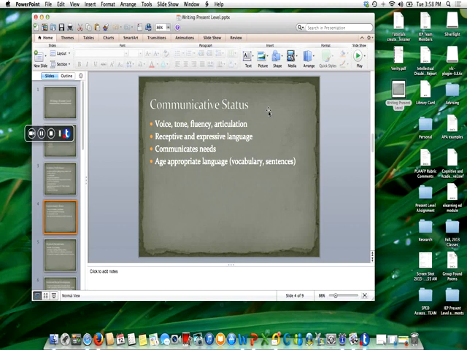She often wrote in here about voice, tone, fluency, articulation, whether the child is able to communicate his or her needs, and whether the child is using age-appropriate language, or are they still talking about themselves in past tense, things like that. So oftentimes the speech teacher would be adding things into this area, with input from everybody, but she would be sort of the expert in that area, as the school psychologist would be the expert in the cognitive area. So it really is a team effort. We're all working together on this.